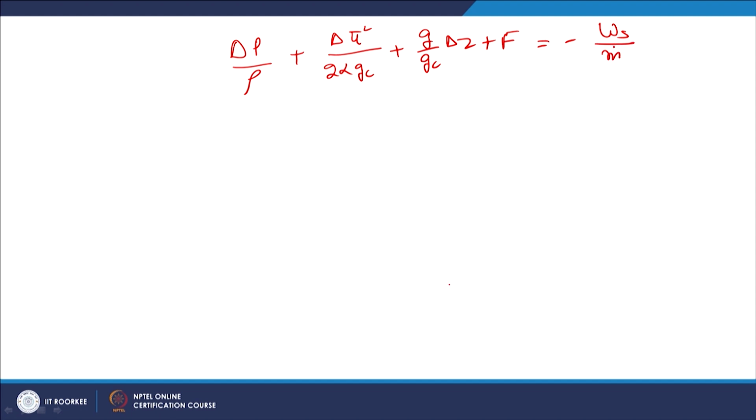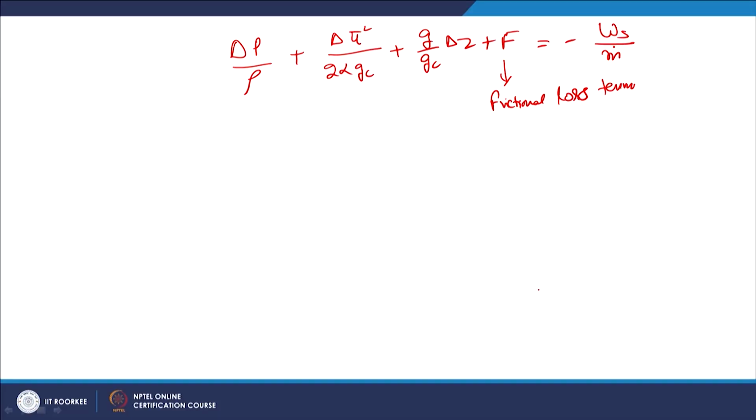Now, the frictional loss term F, this is the frictional loss term. This includes the loss due to the flow through the length of pipe, and fittings such as various kinds of fittings like control valves, bends, sometimes orifices, etc.